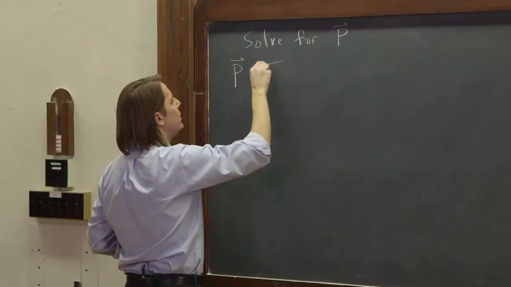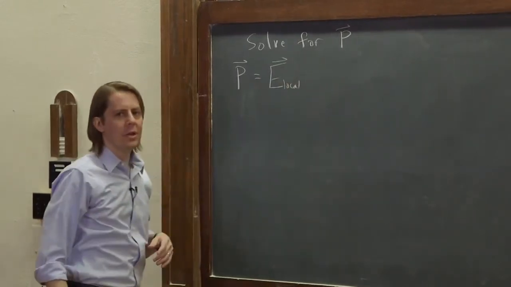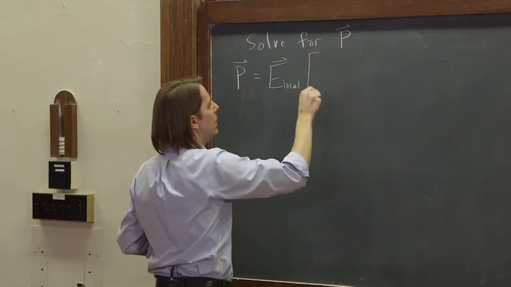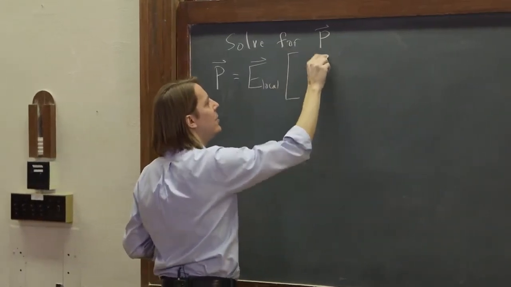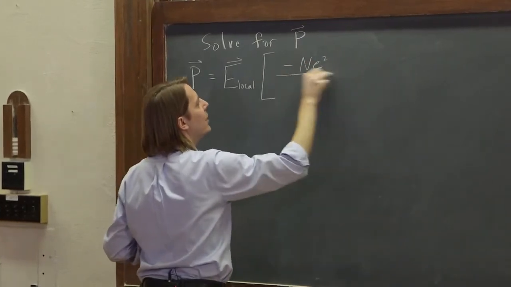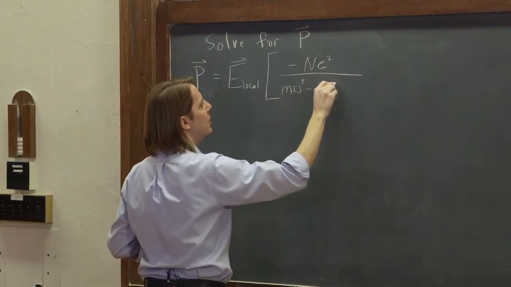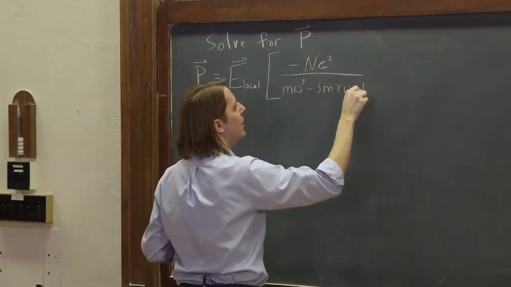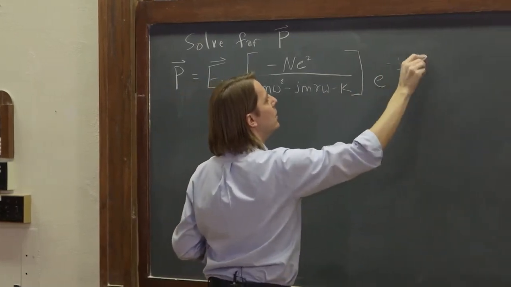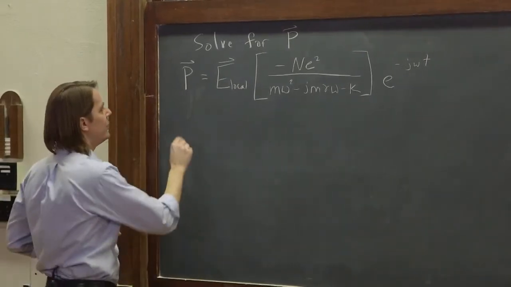So the electric field we know that each atom feels is E local, the local electric field we just thought about. And the minus NE went inside of here, but there was already a little E there, so minus NE squared over M omega squared minus J M gamma omega minus K. That term we've had, E to the minus J omega T. All right, now we know what E local was.